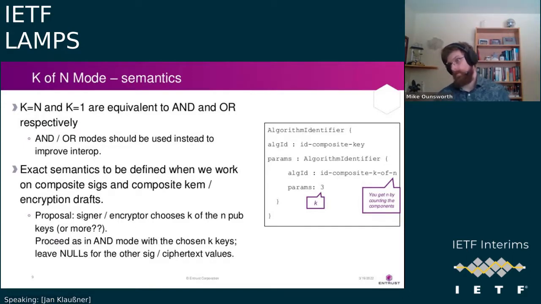We have a certain number of keys, N, and a certain number of keys used, which is defined by the K. We can talk about how this will be used, but let's go to the next slide. For example, for signatures in PKIs. Russ, can you go to the next slide?